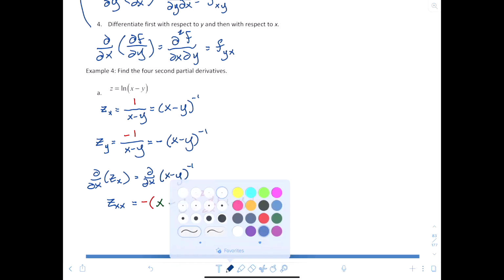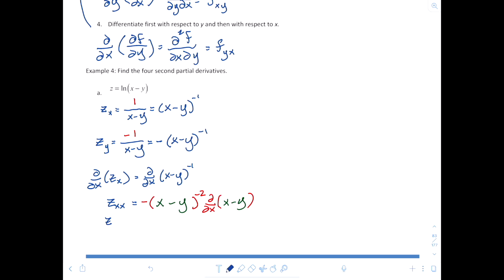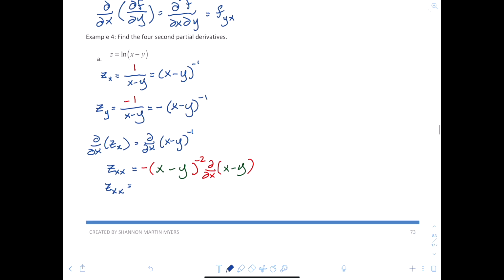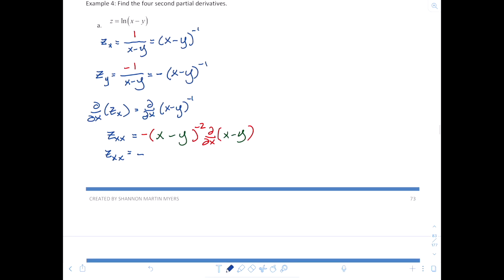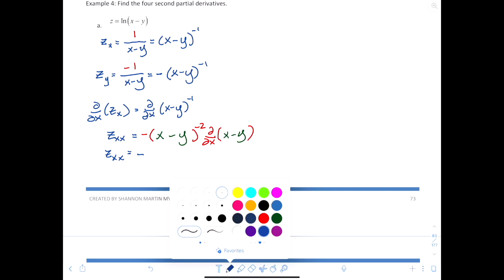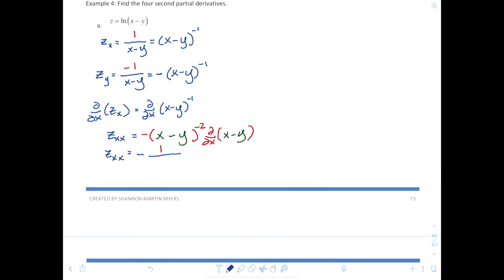And so we would have z_xx is equal to a negative 1 over x minus y squared. Cool, cool. All right, so that's z_xx.